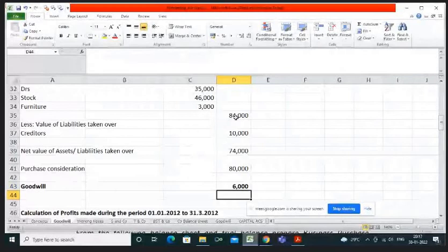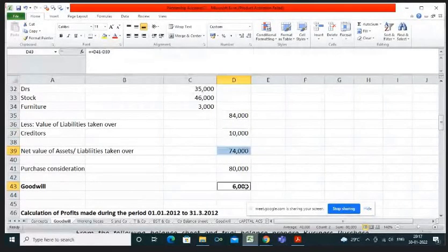So we have paid a goodwill of how much? We have paid a goodwill of 80,000 minus 74,000, 6,000. So these assets are worth 84, this liability 10, minus, 74, plus 6 goodwill, 80,000. That's why we have paid an amount of 80,000. So we have to recognize an asset called goodwill and the amount will be 6,000.